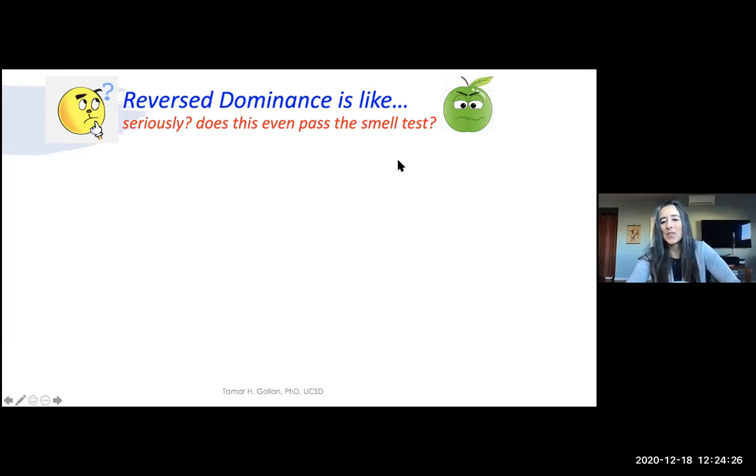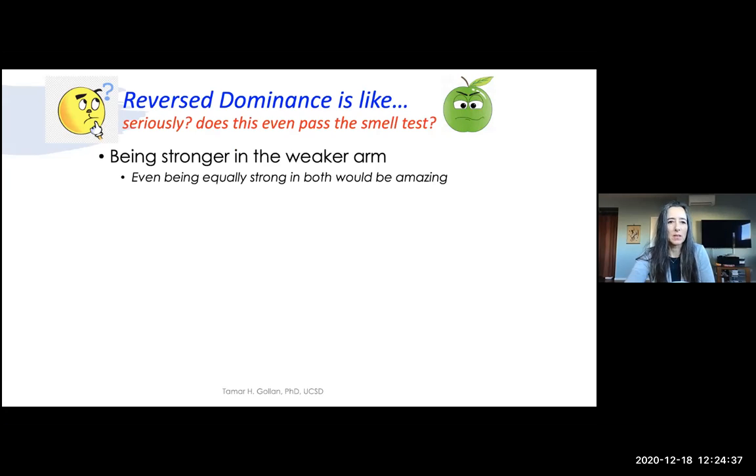So for those of you who are not bilingual, if there are any such people in the talk, just to give you a sense of what this means, an analogy might be like being temporarily stronger in your weaker arm. And note here that even being equally strong in both of your arms is kind of amazing.